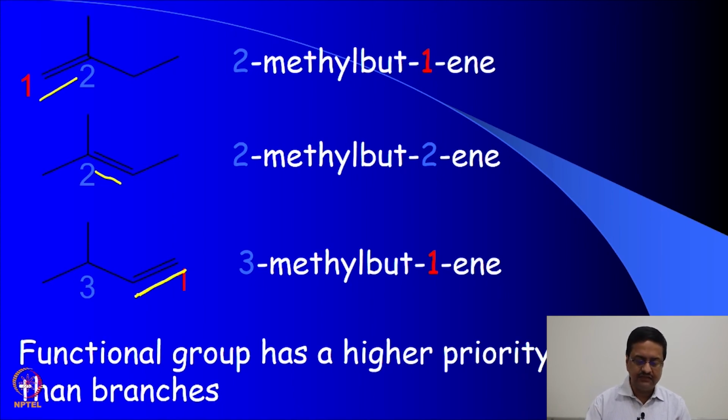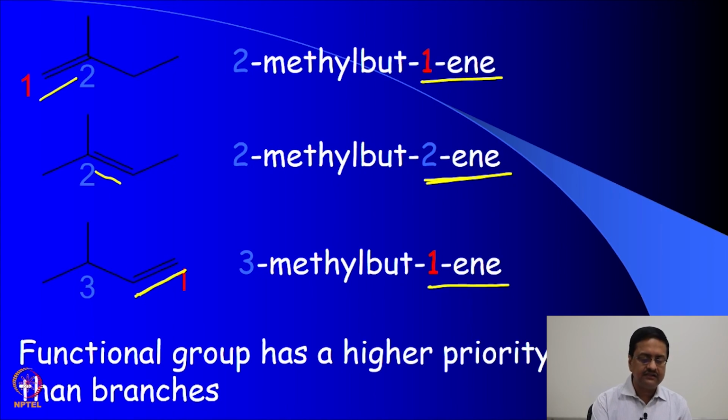So, the functional group has higher priority than branches. In the first molecule, it is 1-ene, in the second molecule it is 2-ene, and in the third molecule it is once again 1-ene. So, the ene gets higher priority, and then the ene gets priority over the branches.